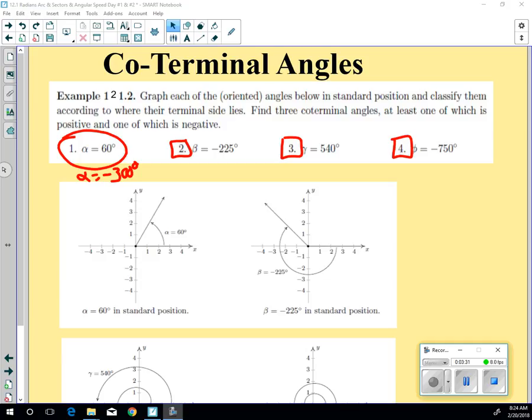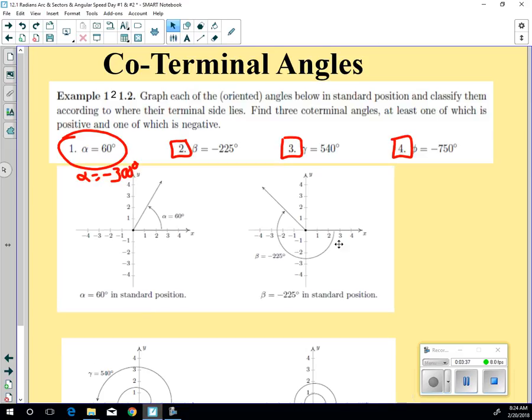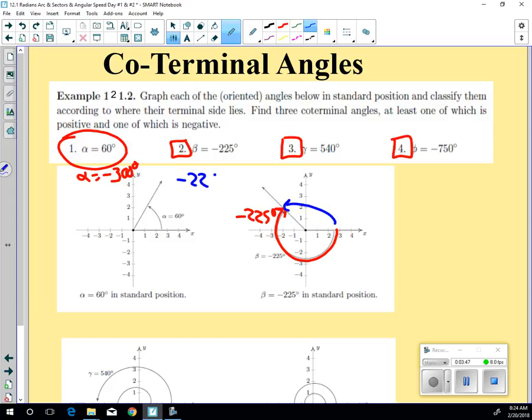See how you did for negative 225. This is in the negative direction, negative 225. What could you do to negative 225 to find out what it is in a positive direction?